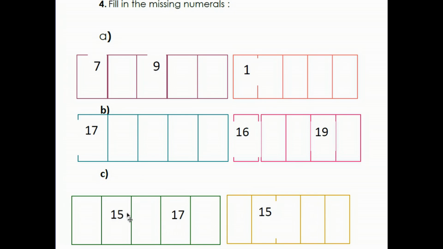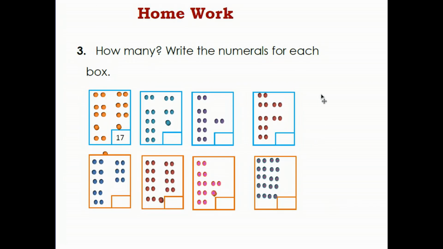Just by looking at the pattern you can finish it. Keep the order and then you can complete it. I will give you 10 minutes for this one. Do it and check your answers. The next time we'll see your answers.